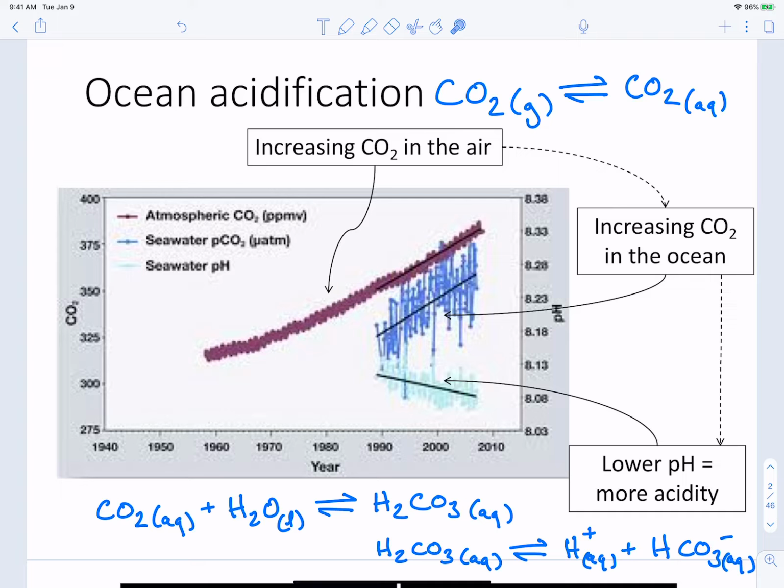Rather interestingly, when carbon dioxide is in the aqueous phase, it will actually dissolve in water, and as it dissolves in water, it will react and produce carbonic acid. And carbonic acid, this is a reversible reaction again, carbonic acid itself can dissociate and produce H+ ions.